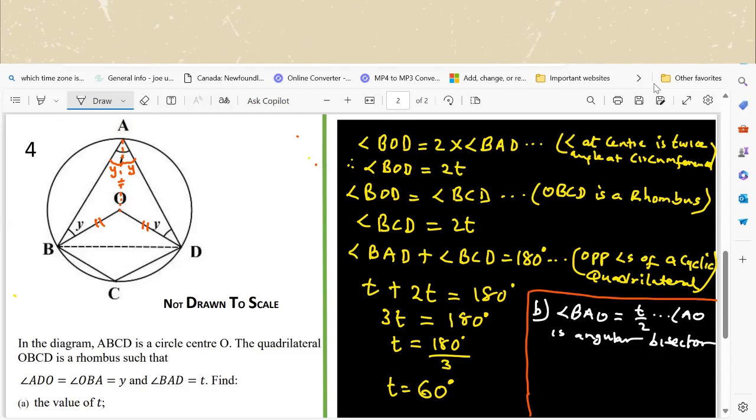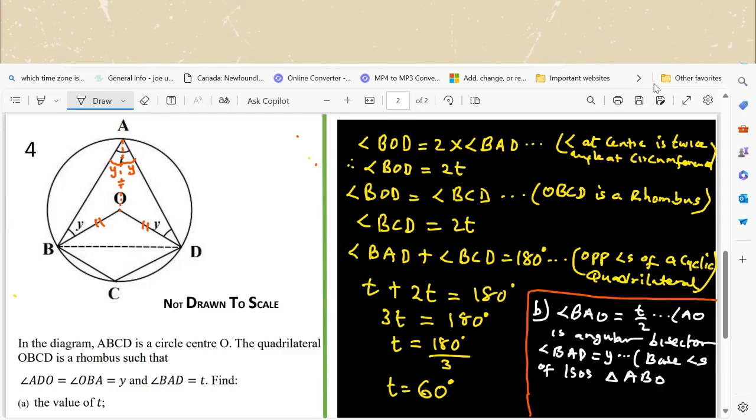And then the same angle BAO is equal to Y. Now, here the reason is base angles of isosceles triangle ABO.